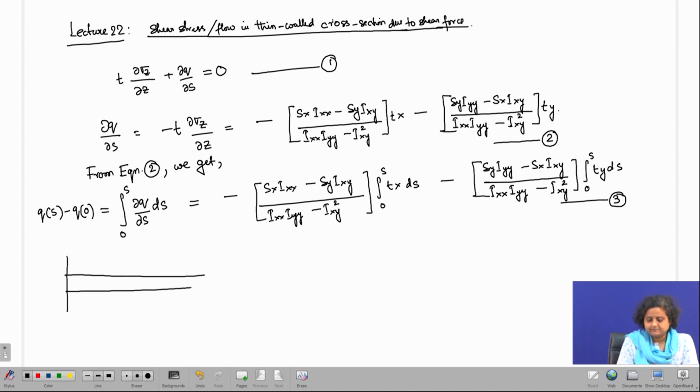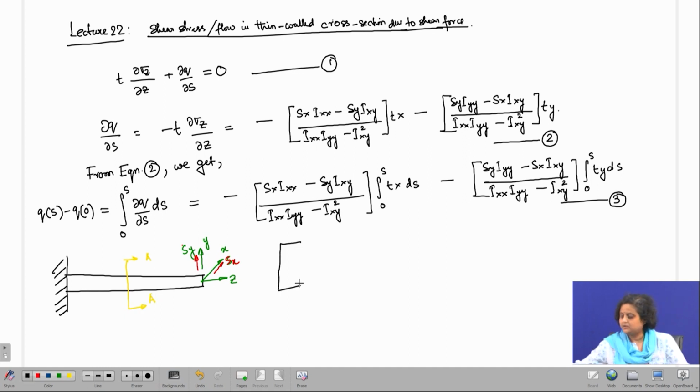If this is a beam with the shear forces Sx and Sy acting along the x and y directions, and we take an arbitrary cross section of the beam, and the cross section is a thin wall cross section.